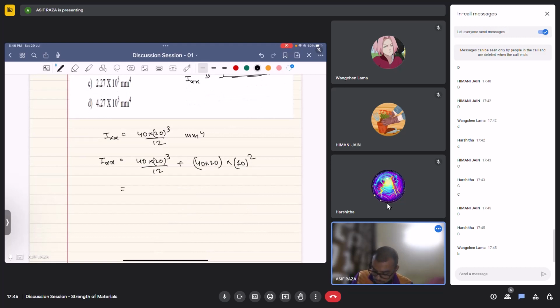So 40 into 20 cube by 12 plus 80 into... the answer comes out to be 3.47 into 10 to the power 4 mm^4, right?